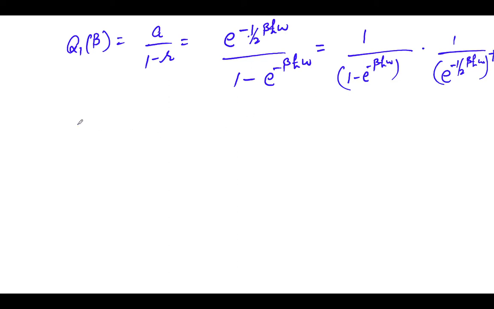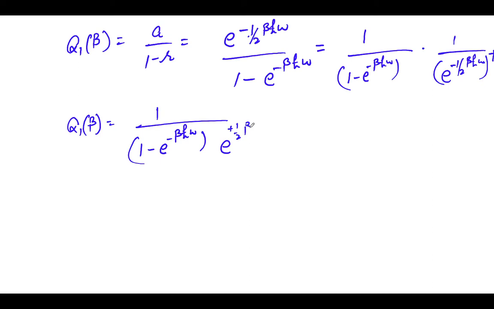So this equation becomes 1 over 1 minus exponential of minus beta h bar omega. So this minus 1 and minus, this term becomes exponential of plus 1 by 2 beta h bar omega.